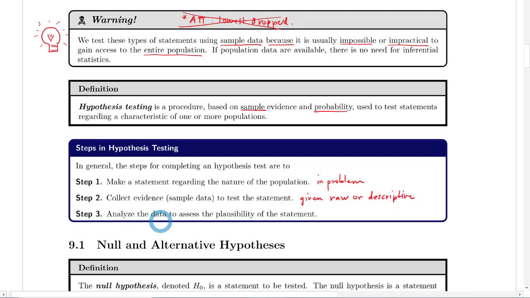And then analyzing the data, that's going to be our work here. That is the hypothesis testing. That's us. This is the new part. These first 2 we can see, like, okay, we see the claim, we see the raw data they give us, and now this is the work, step 3.